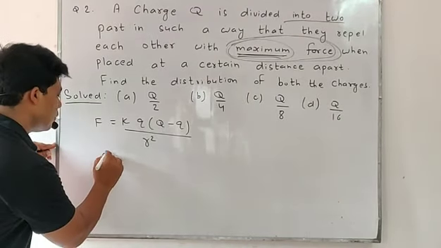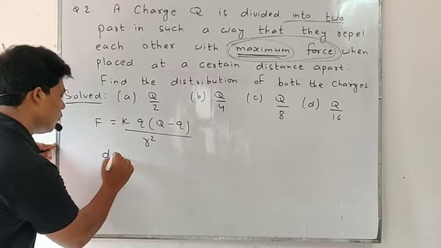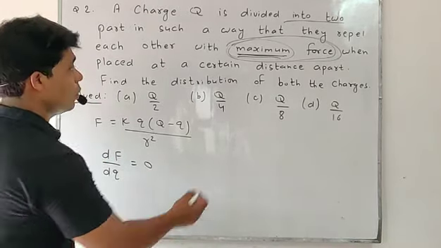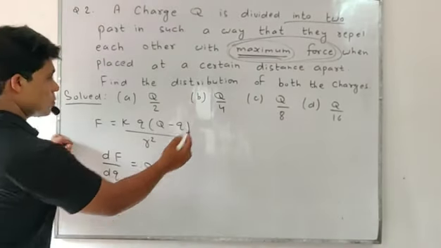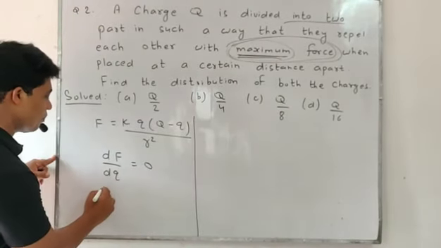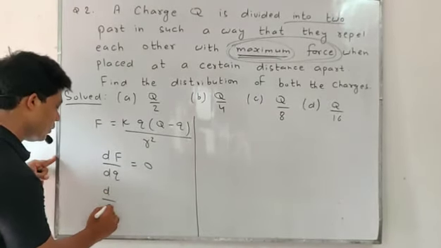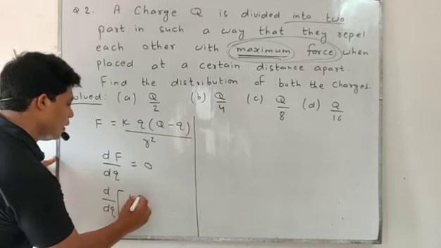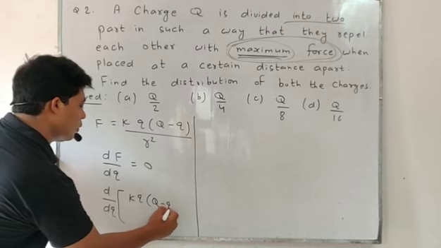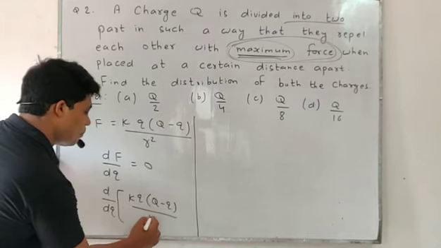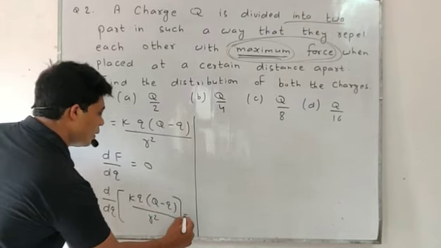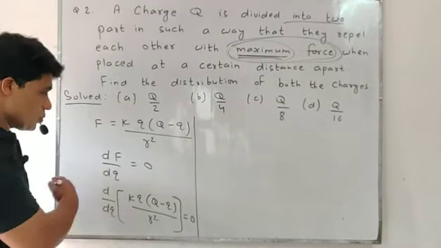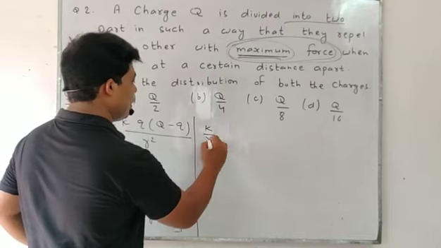Now students, d by dq of F should be 0 for getting maximum force. Look, the maximum force. Differentiate d by dq. What is F? That entire value, k small q into capital Q minus small q by r square, and it should be 0. Now students, k and r square are constants and come outside.